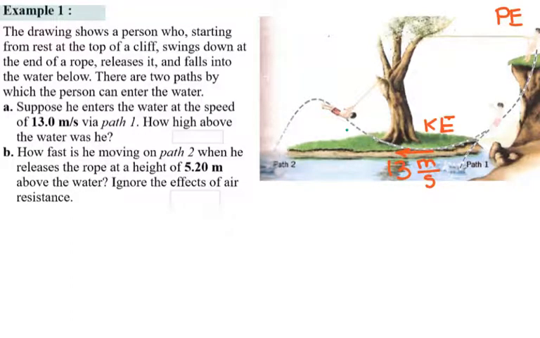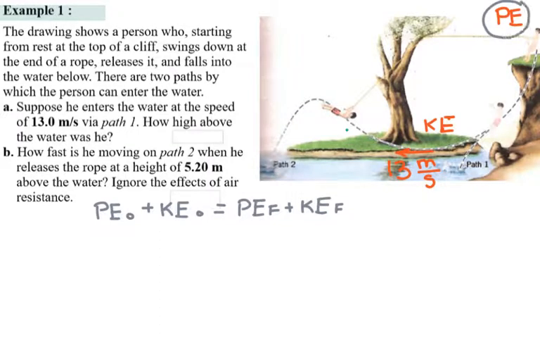And with conservation of energy, I'm going to say that the potential energy initial plus the kinetic energy initial is equal to the potential energy final plus the kinetic energy final. Because he only has potential energy to start with and doesn't have kinetic energy because he's not moving yet, all I have is mgh.